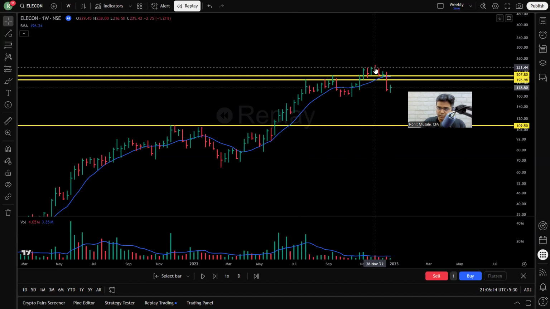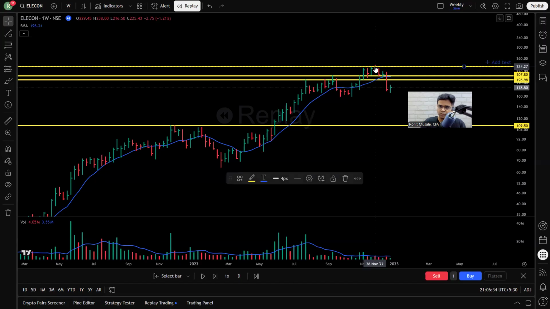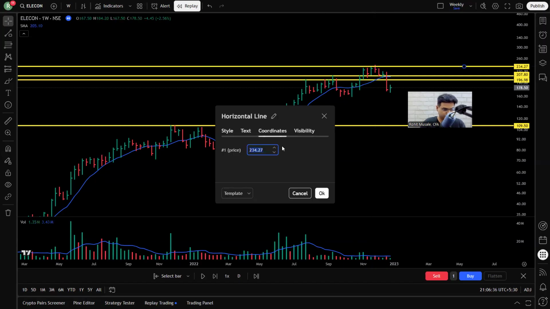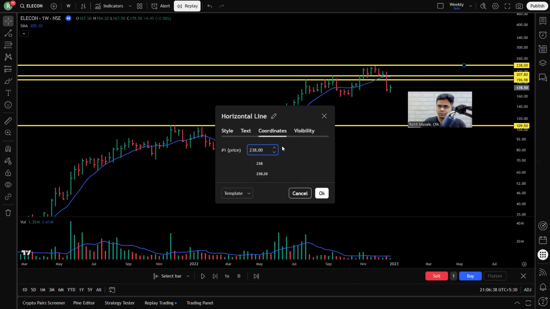Now look at this bar. Does this bar match our criteria? Yes. See, 1, 2, 3. 3 consecutive bars below this bar. Correct? Below the high of this bar, you have 3 consecutive bars, which means the high of this bar is the next pivot point, okay, which is 238 rupees. So 238 rupees, let me draw that. Okay.